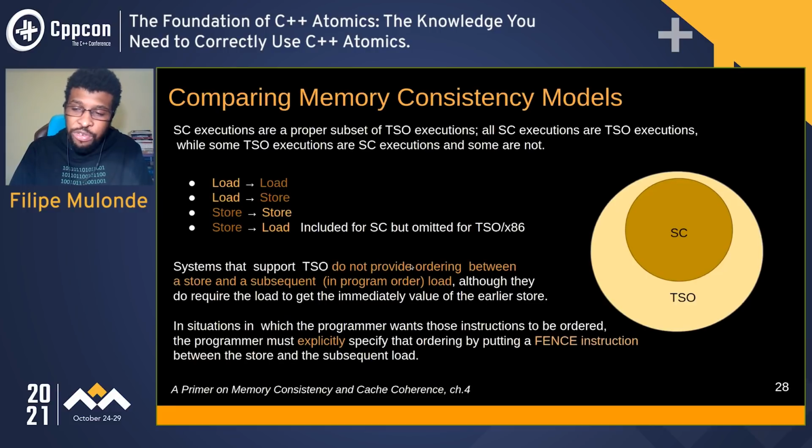So that's the difference between TSO and sequential consistency. Systems that support TSO do not provide ordering between a store and a subsequent in-program-order load, although they do require the load to get the immediate value of the earlier store. In situations in which the programmer wants those instructions to be ordered, the program must explicitly specify that ordering by putting a fence instruction between the store and the subsequent load.